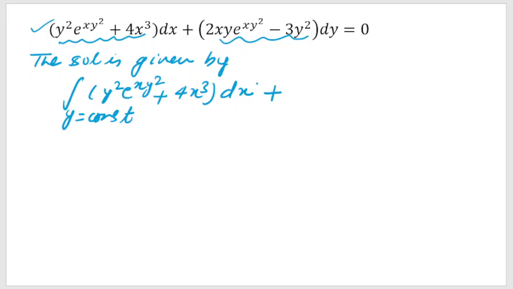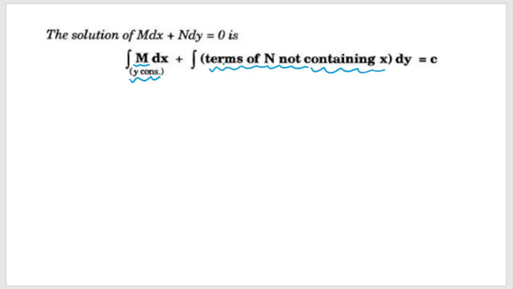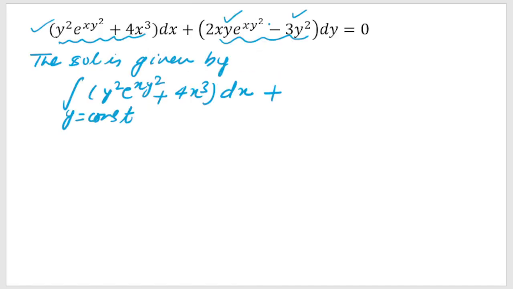In the second term, in N we have two terms, this is first and this is second. But in the first you can see we have x also, so we don't take it. We just have to take those terms which do not contain x. So in this there are two terms, that is 2xy e to the power xy square, which contains x, so we should not take it. We should take only the second term.